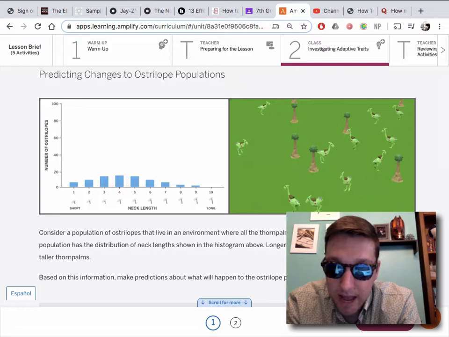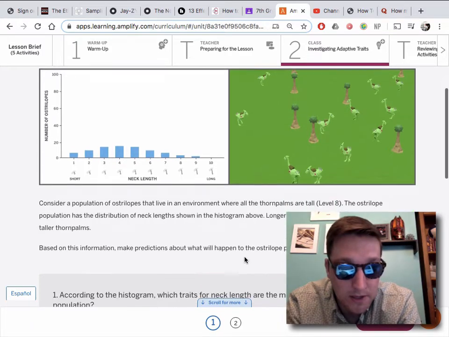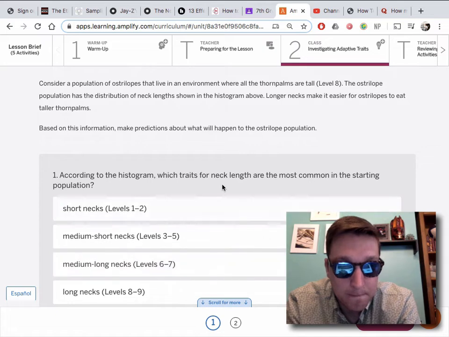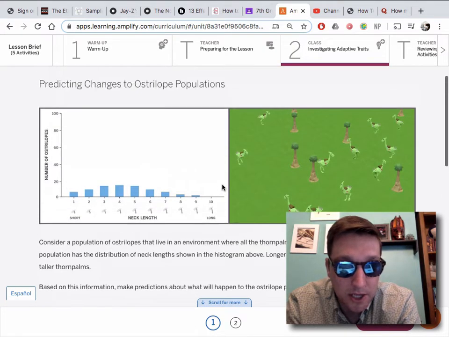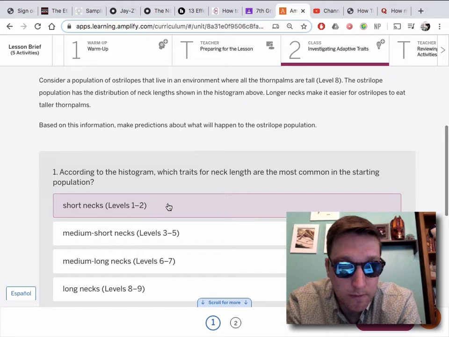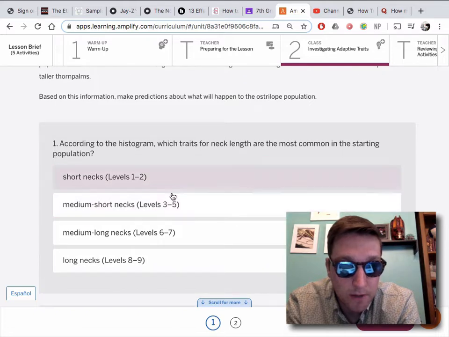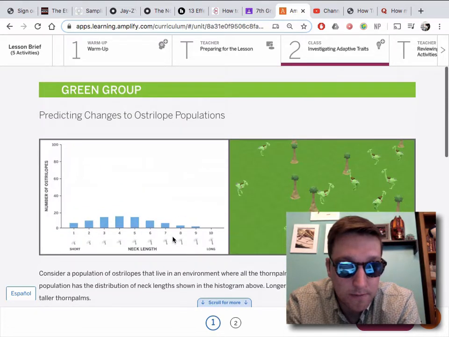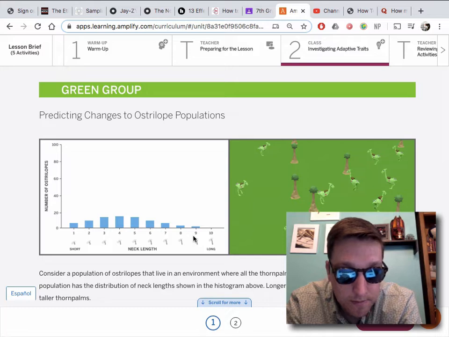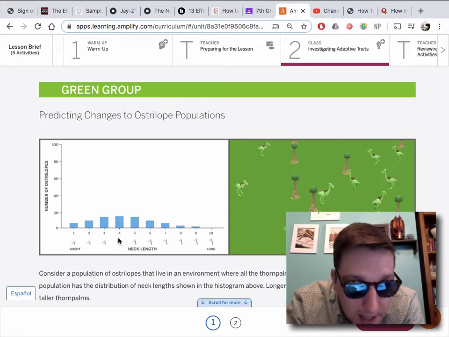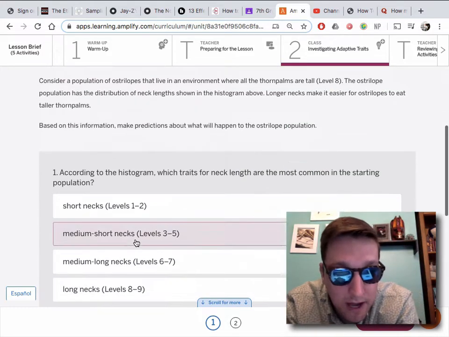They're kind of like giraffes, so longer necks make it easier for australopes to eat taller thorn palms. In the starting population, what is most common? Short, or medium, long? Let's see, I would say the peaks are around 3, 4, and 5.